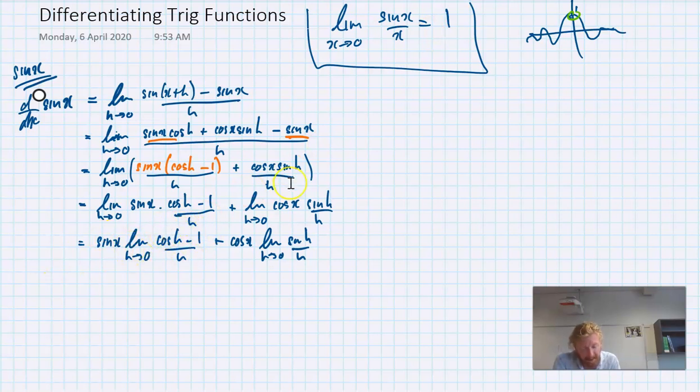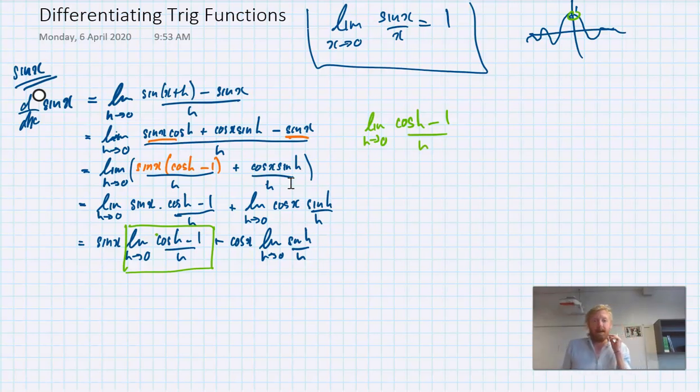Sine x is there. What the heck is this guy? This guy is a little bit of a problem, isn't it? Because if I put h in, I get 0 on the bottom. So I'm just going to come over to the side here, and we're going to look at that one separately. Limit h approaches 0 of cos h minus 1 on h. Now, I have to do something to it because I get 0 out.